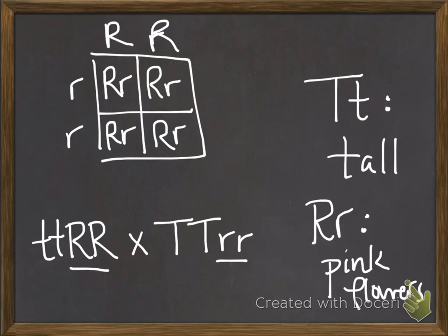So all of the progeny in the F1 will have the genotype of big T, little t, big R, little r, and they'll be tall with pink flowers.